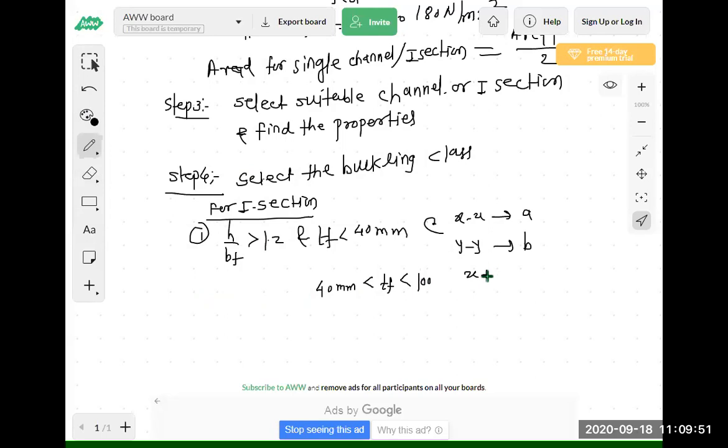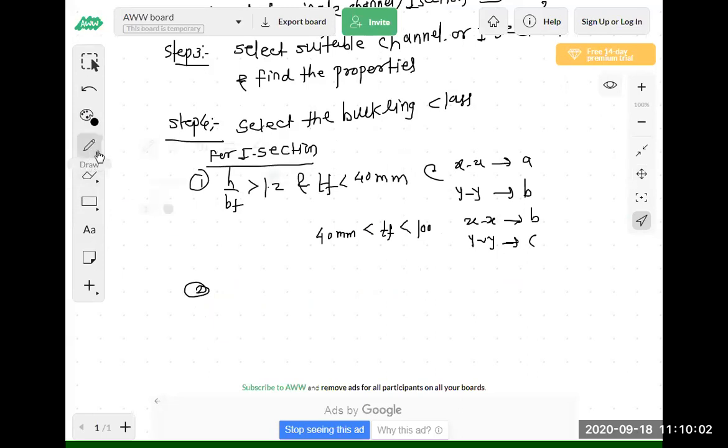So about the XX axis buckling class is B, and about the YY axis buckling class is C. So this is the first condition for selecting the buckling class, and the second condition is given on page number 44.